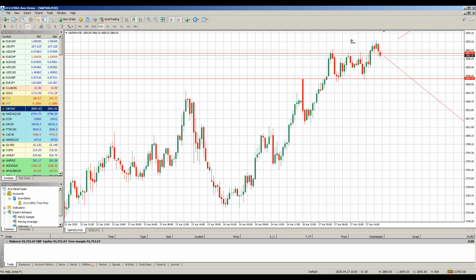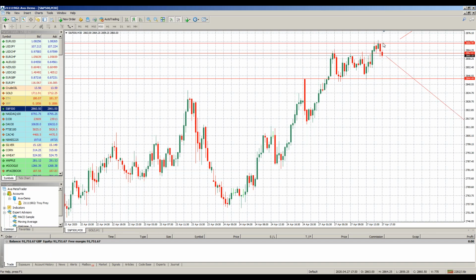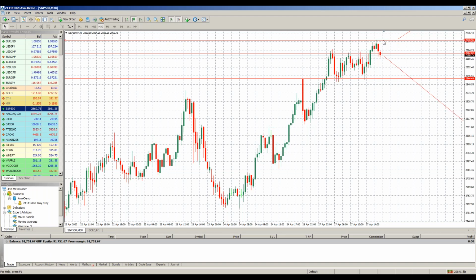If it breaks this resistance level here, where it reached today and dropped, if it breaks above that established resistance, then I've got a buy stop maybe waiting up here on the S&P, waiting to see if it'll come to a new high with more momentum, then I'm in. Then the positive momentum still exists, right?